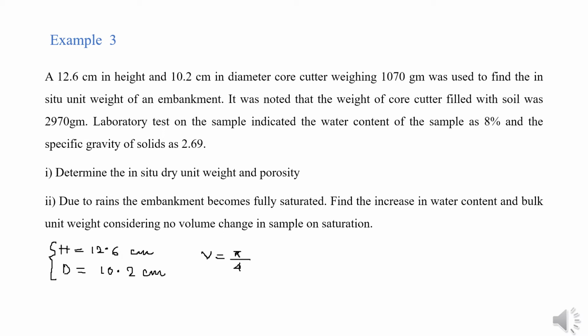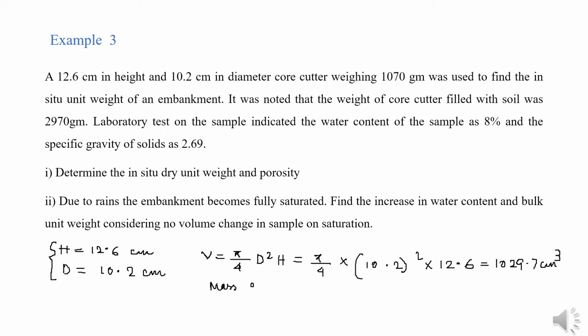So we determine the volume as pi by 4 d square h, right? So it's pi by 4 into 10.2 whole square into 12.6. By solving it, we get 1029.7 centimeter cube. It's the volume of the soil sample, right?